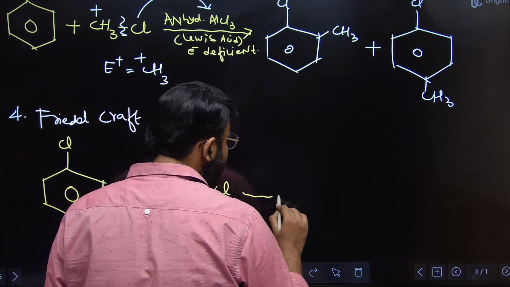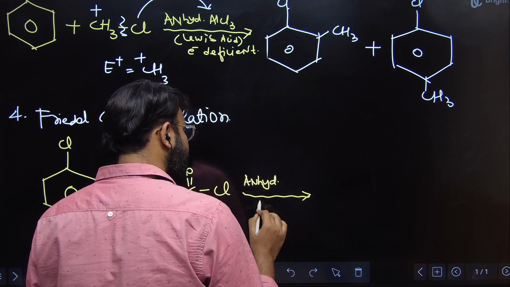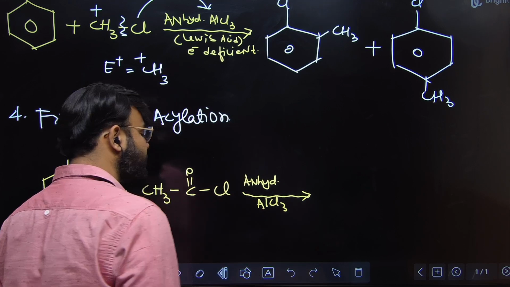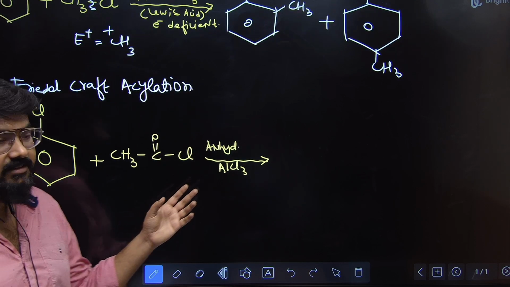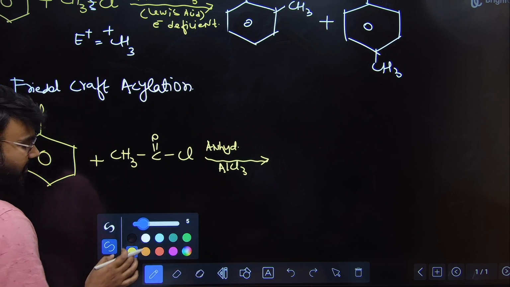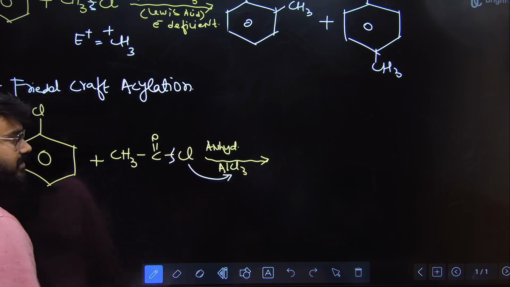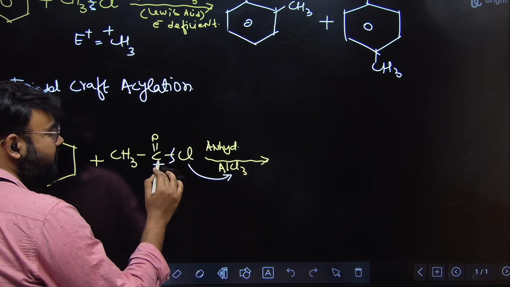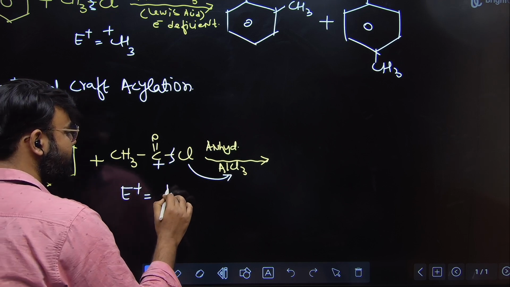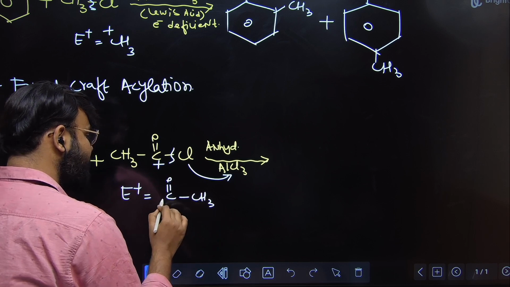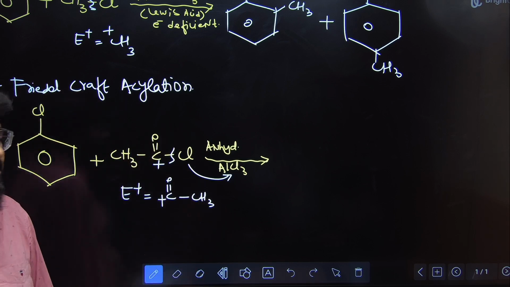And this will be added in the presence of anhydrous AlCl3. I hope it is clear. Anhydrous AlCl3. Same story. This bond will break. Cl will go to AlCl3, form AlCl4, and that gives the birth of the electrophile. This is how you'll get the electrophile. This is our electrophile. Got it, no? Now this will go and attach at ortho and para positions.